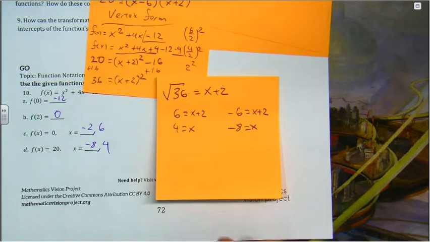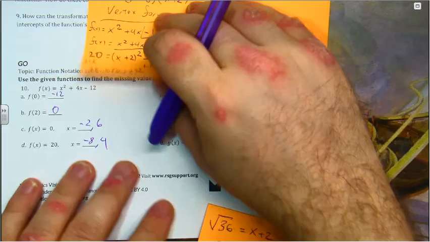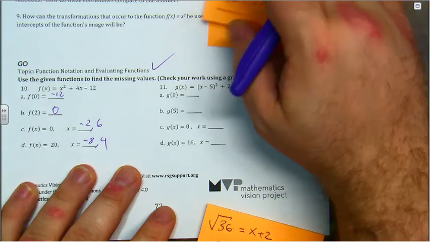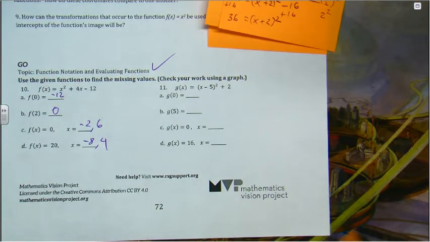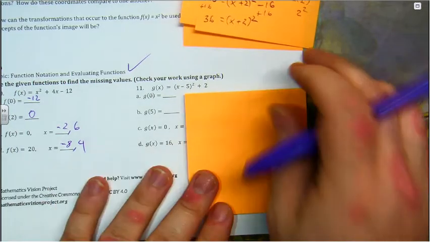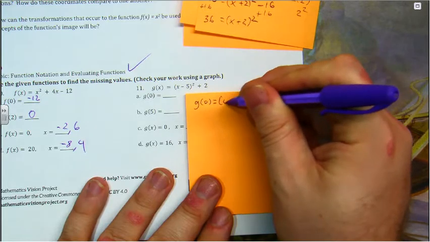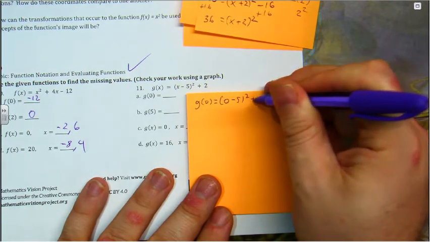Cool. So that's going to be our process. Let me do one more with you guys, just because it's a little complicated. Let's see how it works. This one's already given to us in vertex form, so this may make it a little bit easier. We're going to start by just finding when x is 0. So g of 0 is going to be 0 minus 5 squared plus 2.